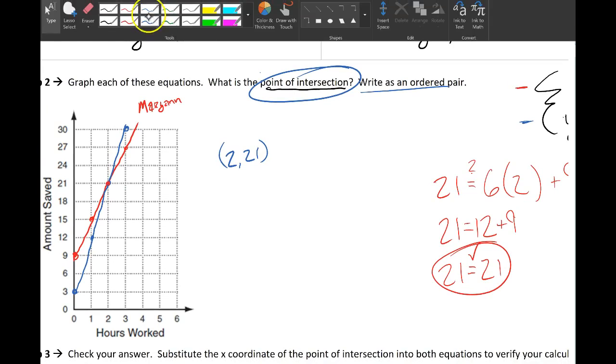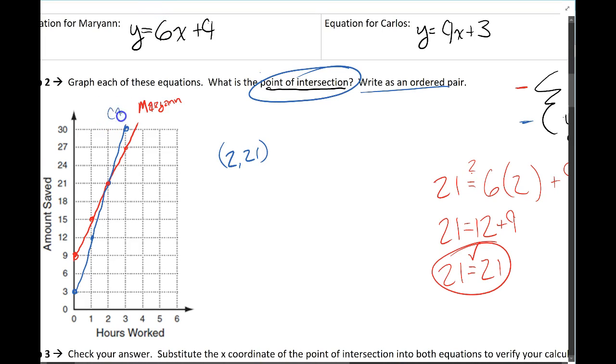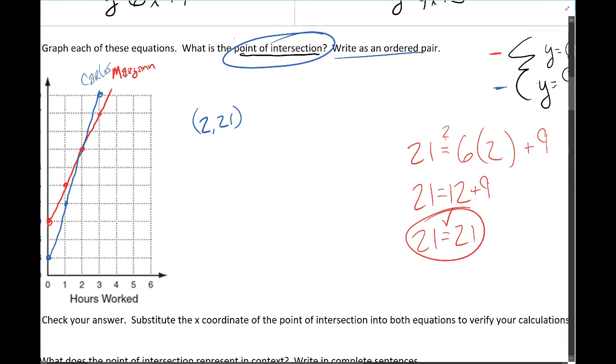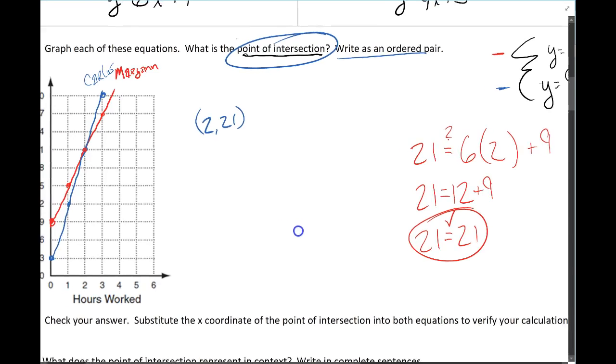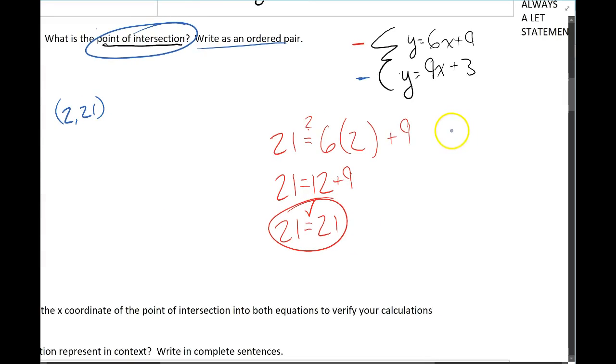Oh, I just realized I did terrible there. We didn't label our other line, Carlos. The Marianne line is satisfied by this ordered pair. Now, let's try the Carlos line. Well, the Carlos line would say, is 21 equal to 9 times 2 plus 3?